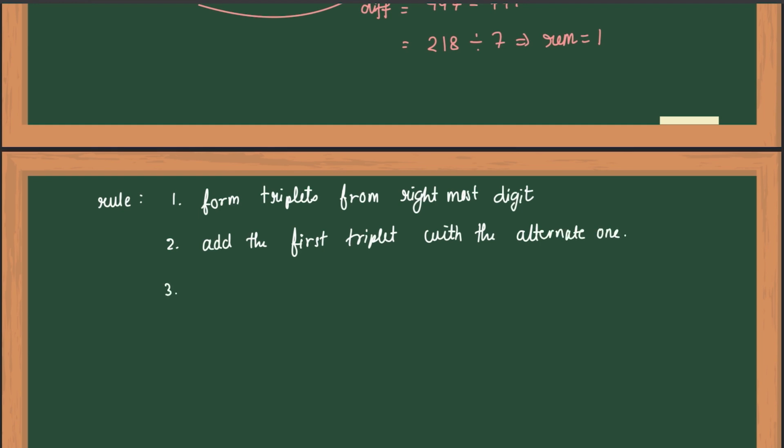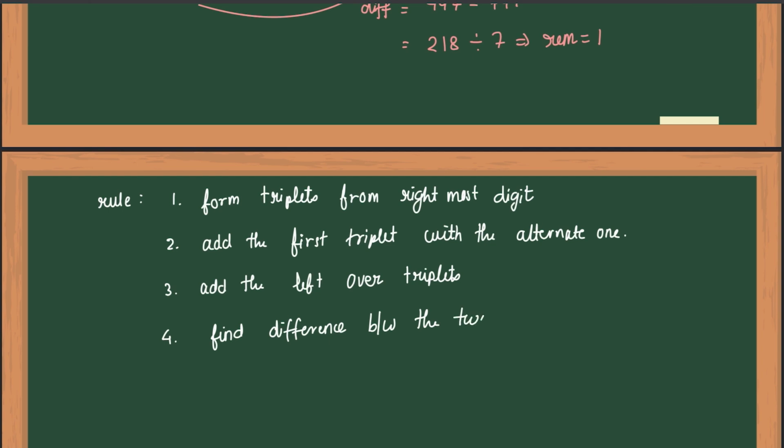After that, add the leftover triplets. And then the last thing is find the difference between the two sums that we did in the second and third step, and check whether it is divisible by 7 or not.